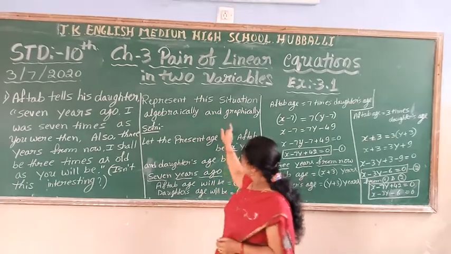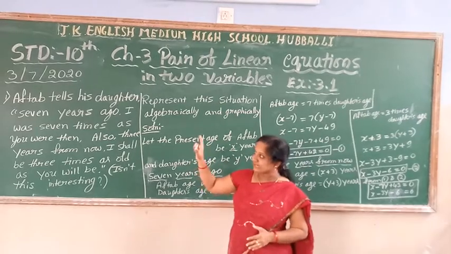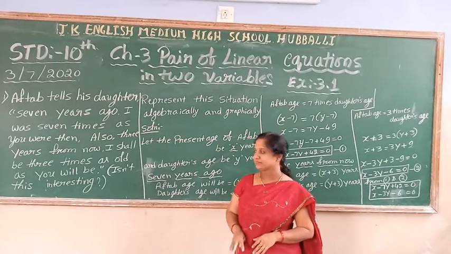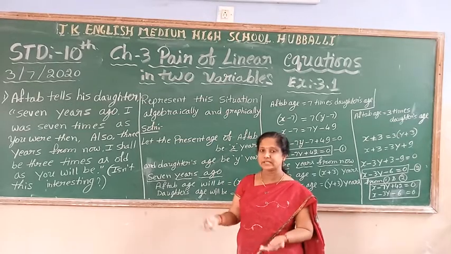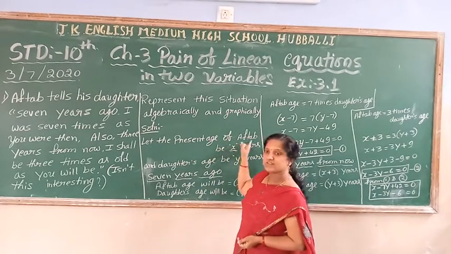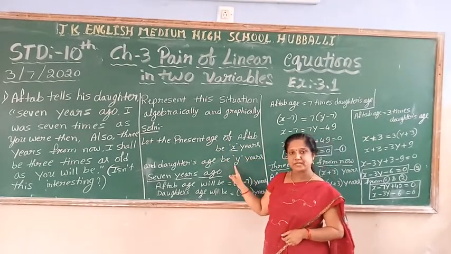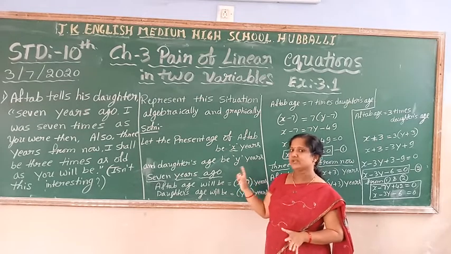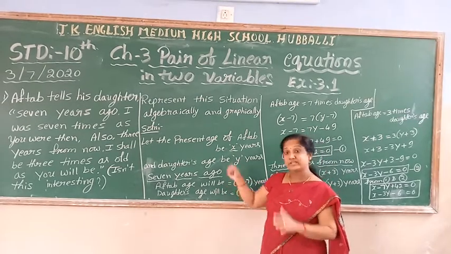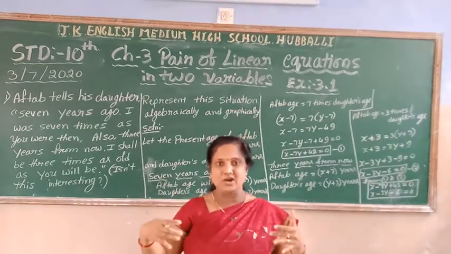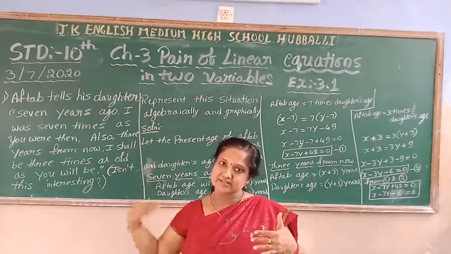First, when you read this question, you come to know we don't know the present age of Aftab and his daughter. What we don't know, let me keep as variables. Let the present age of Aftab be X years and the daughter's age be Y years. 7 years ago means our age will not be the same, we have to subtract 7 years.